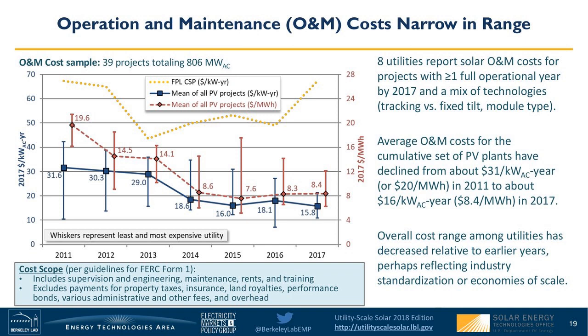It's about $16 per kilowatt-year, or if one uses the generation denomination, that would be about $8.5 per megawatt-hour. And the whiskers represent the least and the most expensive utility, and that range has also been narrowing over the course of the years, potentially pointing to further economies of scale.